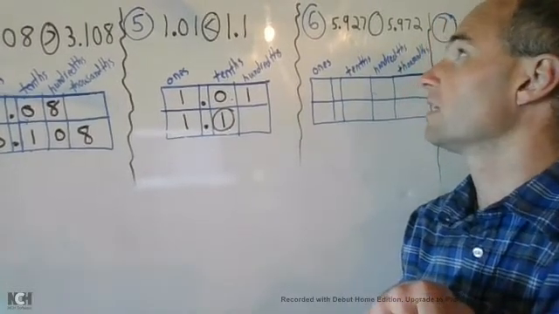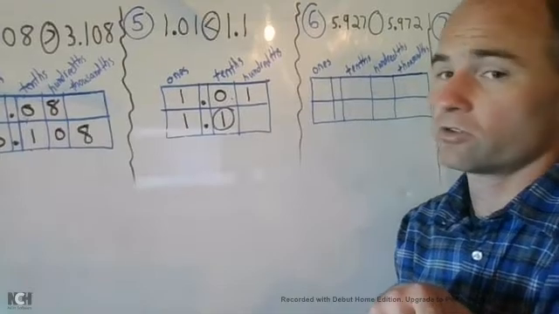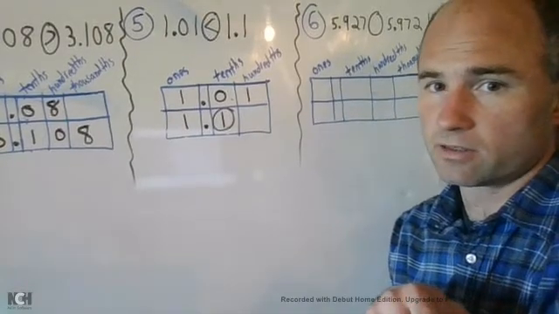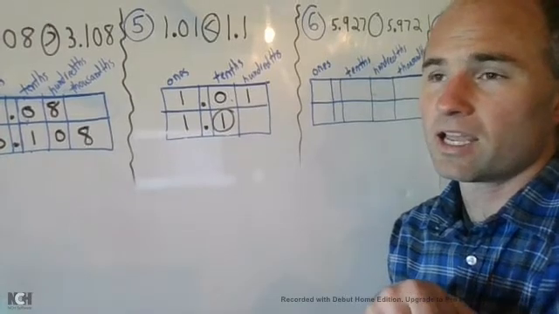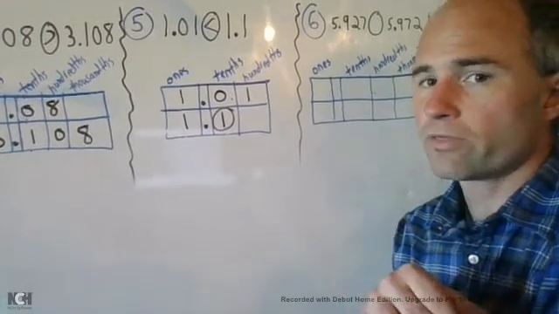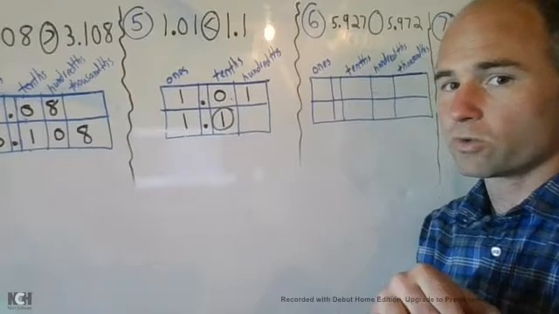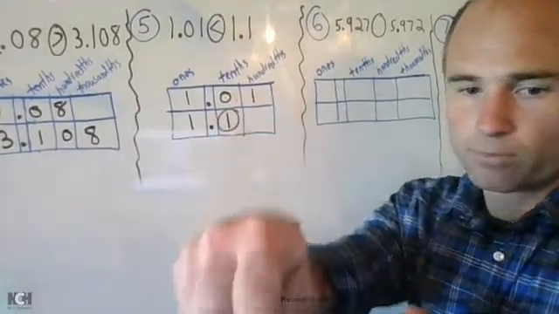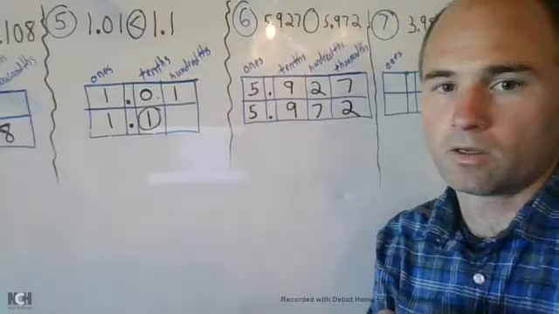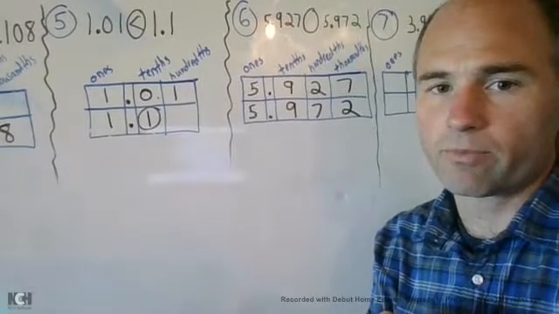5 and 92/100, 7 thousandths, compared to 5 and 97/100, 2 thousandths. Which one's the larger number? Go ahead and solve that now. All right, so here we go. We compared our numbers.